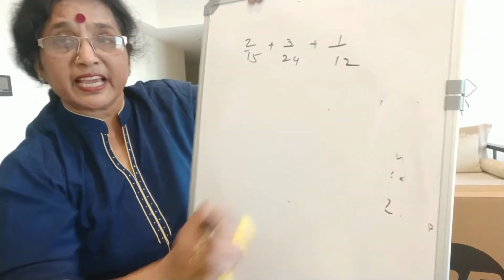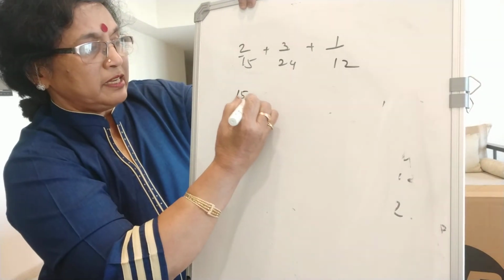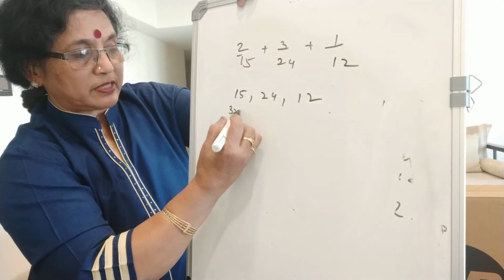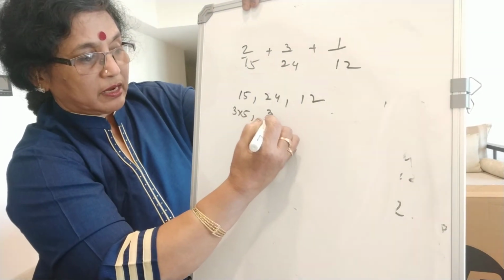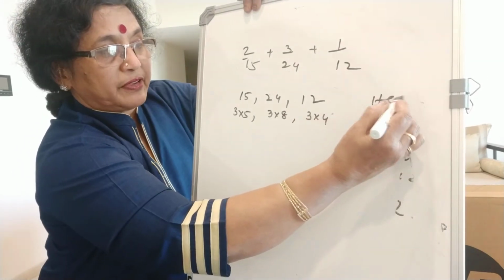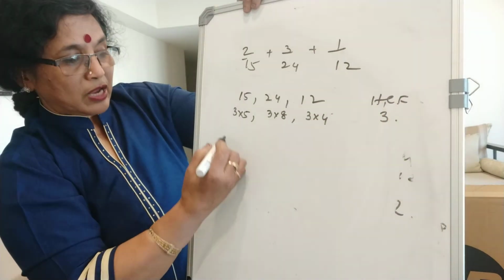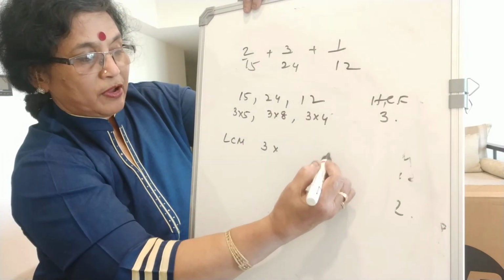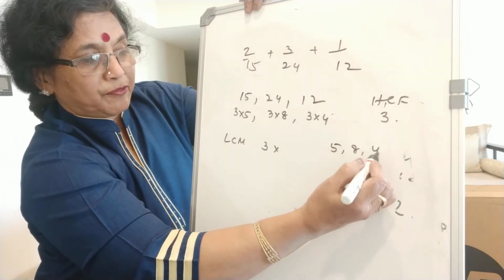So let us repeat again and see, children. 15, 24 and 12: 3 5s are, 3 8s are and 3 4s are. So the HCF is 3.